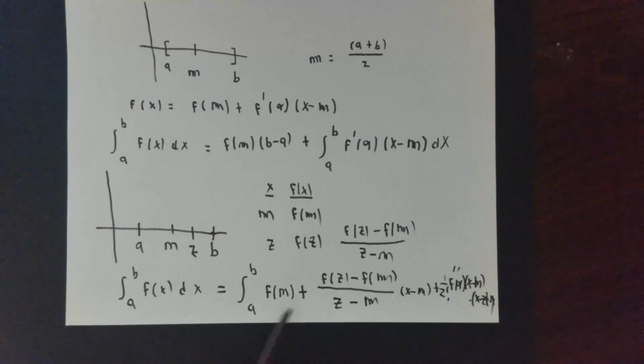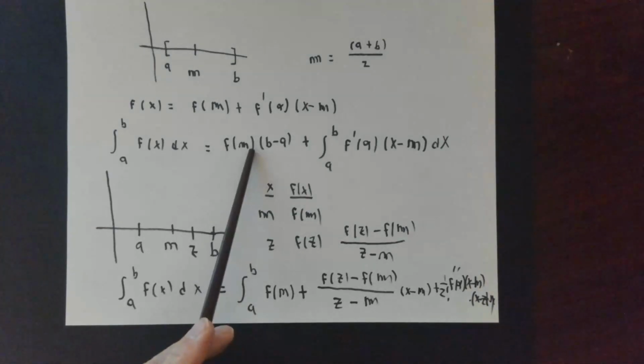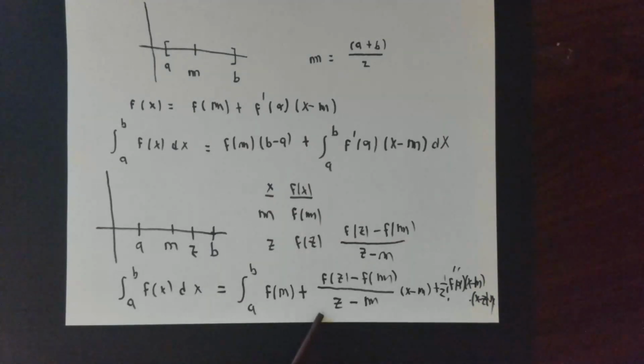The integral of this term is the midpoint rule. The integral of this term will be how different my new and improved approximation, the one based on both m and z, differs from the midpoint rule. And this will be my error term.